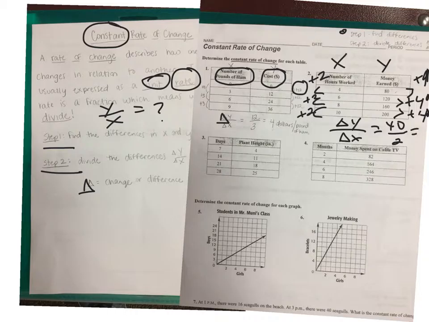So the constant rate of change in this one was 20, and it is $20 because that is the Y. You say the Y first. So $20. I can't fit it on my paper, but it'd be $20 per hour worked. Okay, so that is the constant rate of change as far as when you're given a chart.